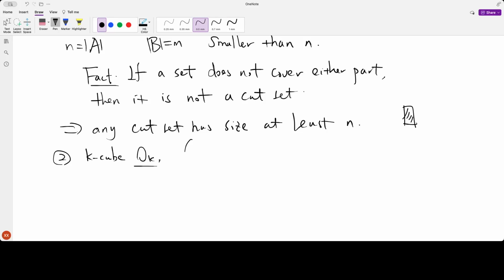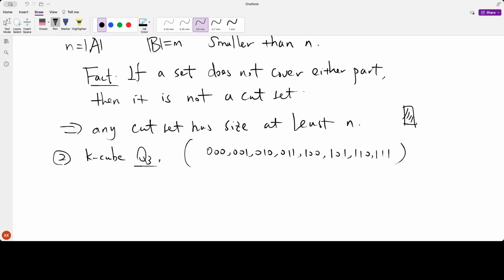Let's look at Q3, for example. So it has 8 vertices: 000, 001, 010, 011, 100, 101, 110, 111.